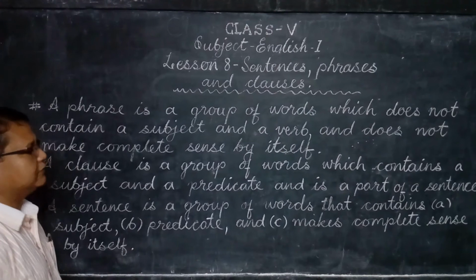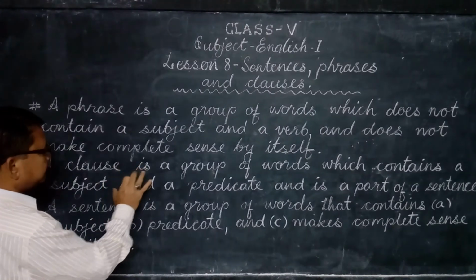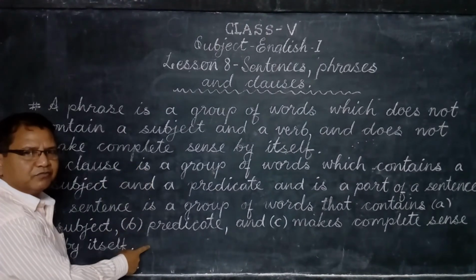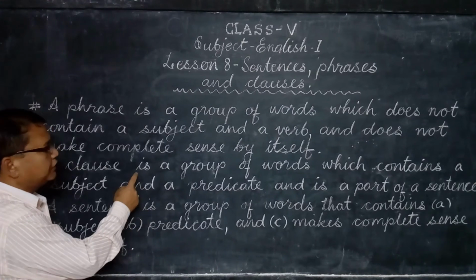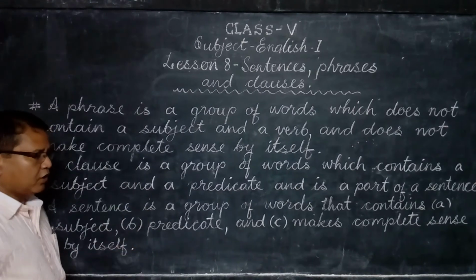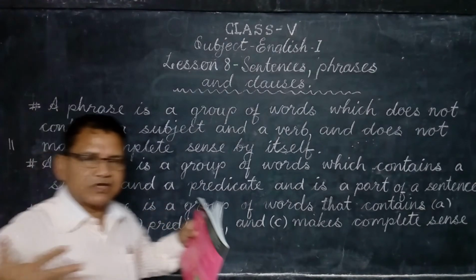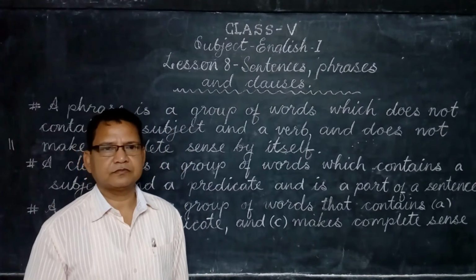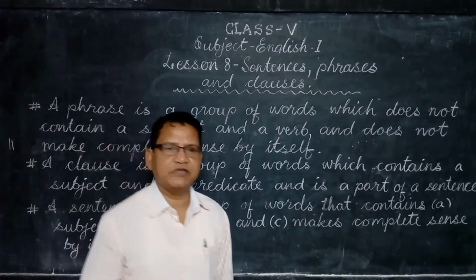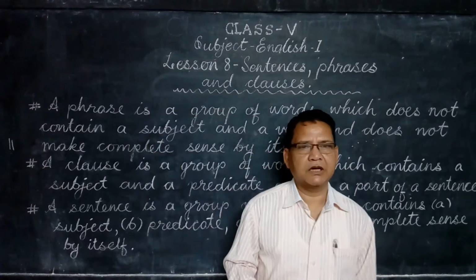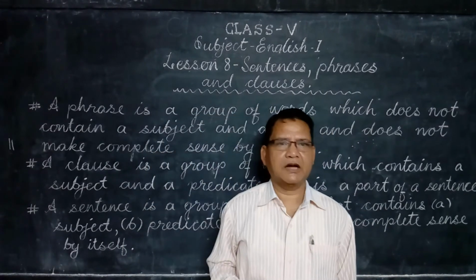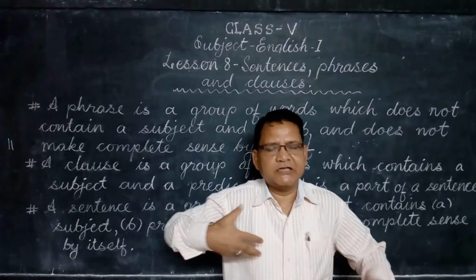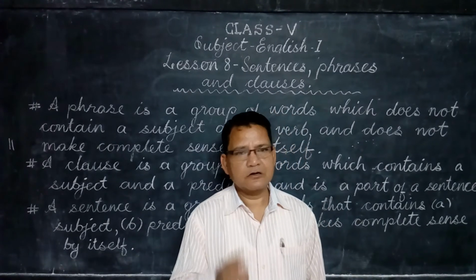and is a part of a sentence. It means clauses make a sentence. A clause is used to make a sentence. When one or two sentences are joined together to give one complete idea, to speak in unity, it's called a clause.